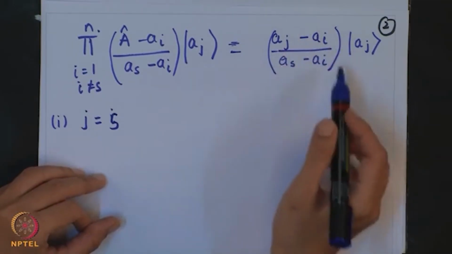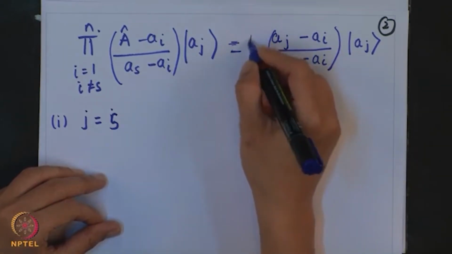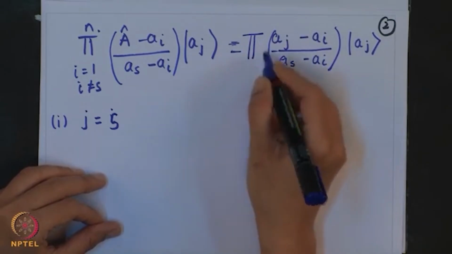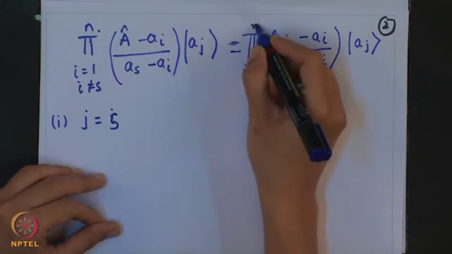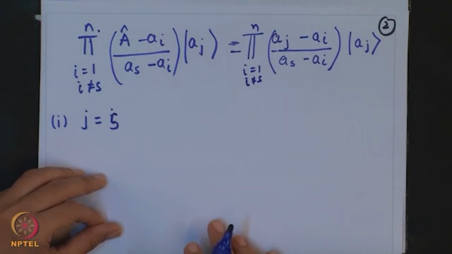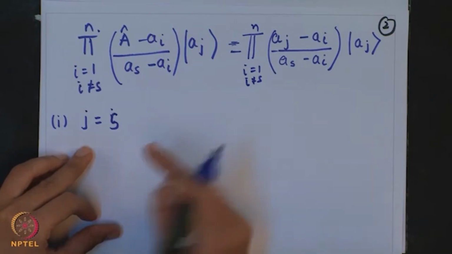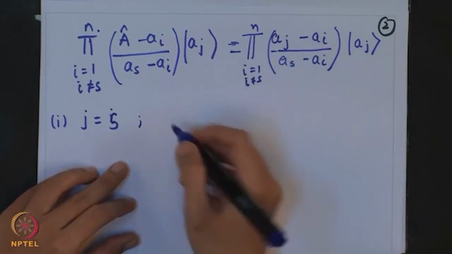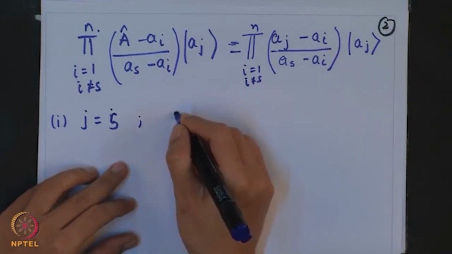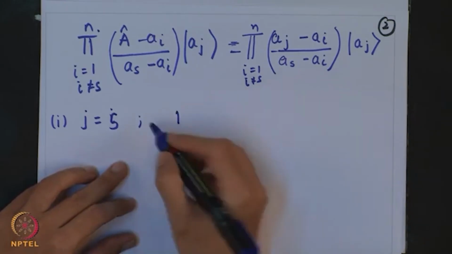From this what do you infer? Of course, the product is there. And now when j is equal to i, what do you obtain? When j is equal to i, the right hand side becomes 1, the eigenvalue becomes 1.